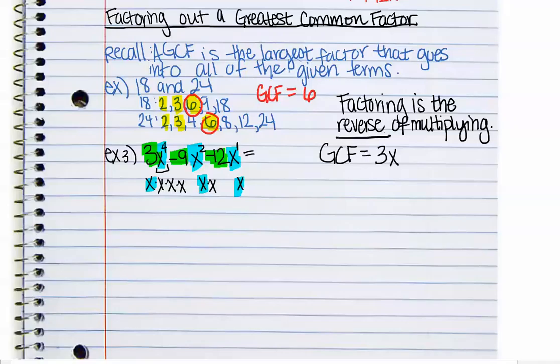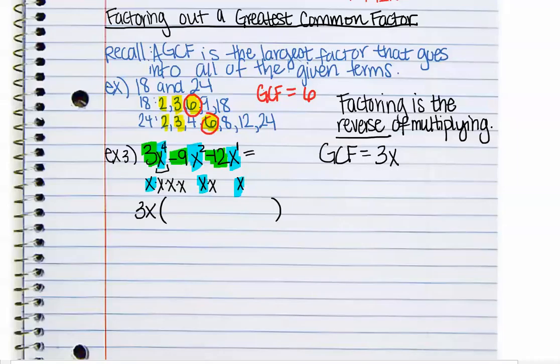I think of it more, in this case, like undistributing, writing it the way it was before it got multiplied in. Okay? So how we're going to do that is we take the 3x, that is our GCF, and that is the monomial on the outside of your parentheses.